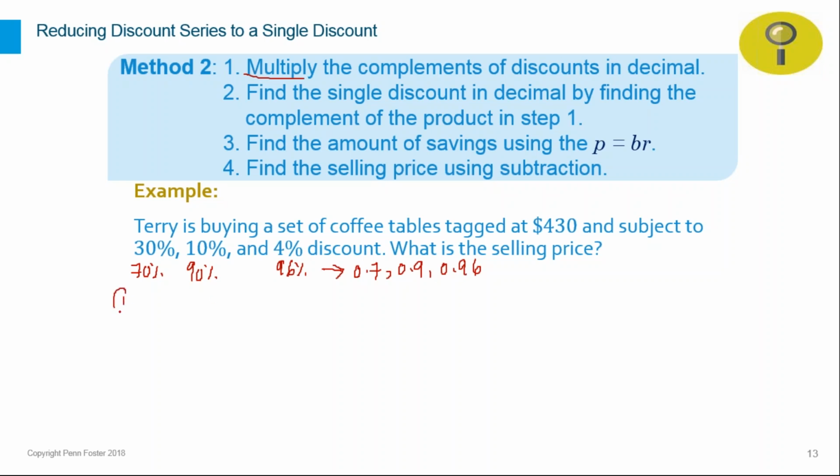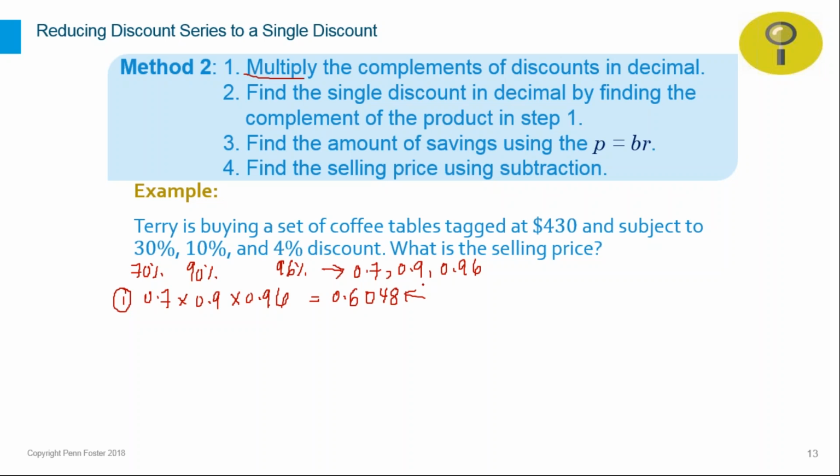So step number 1, 0.7 times 0.9 times 0.96 equals, use your calculator, of course. So it's going to give you 0.6048. Now this number represents what?